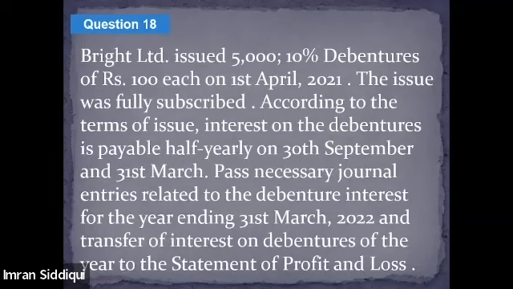It is the same on 31st March: interest on debenture account debit to debenture holder account 25,000. Then one last entry for the transfer of the statement of profit and loss: profit and loss account debit to interest on debenture account 50,000. Oh, okay, well done, good job.